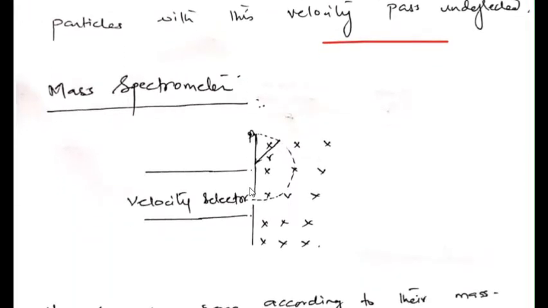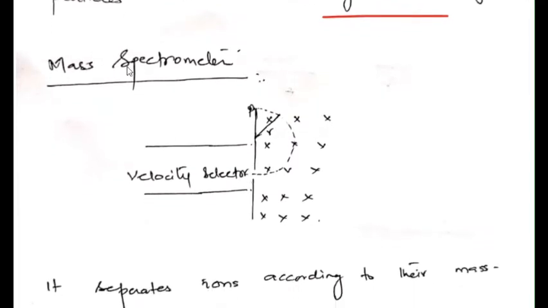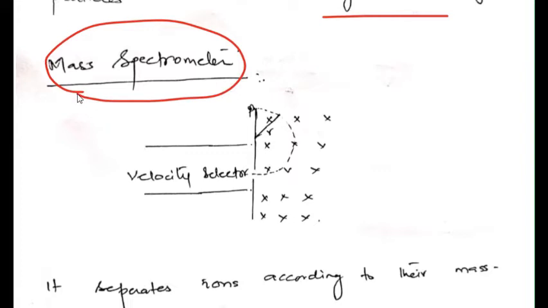Now for the mass spectrometer. A mass spectrometer is an instrument which is used to separate ions of different elements, and also isotopes of elements.